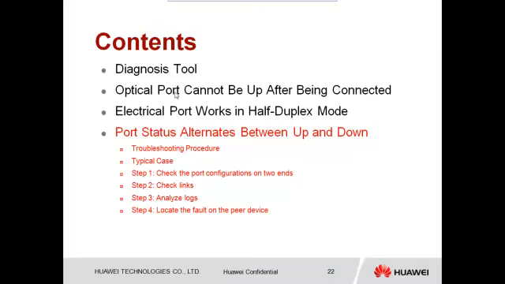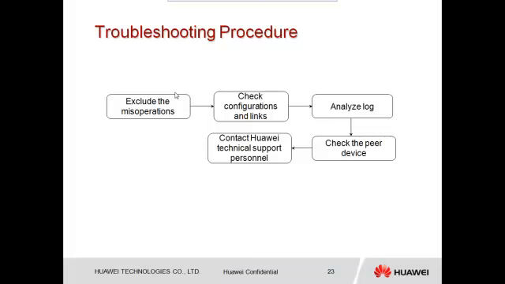Okay, let's see the next troubleshooting: port status alternates between up and down. The procedure here: first, exclude the misoperations, then check the configurations and links. Then analyze logs, check the peer device. Finally, contact Huawei technical support personnel.